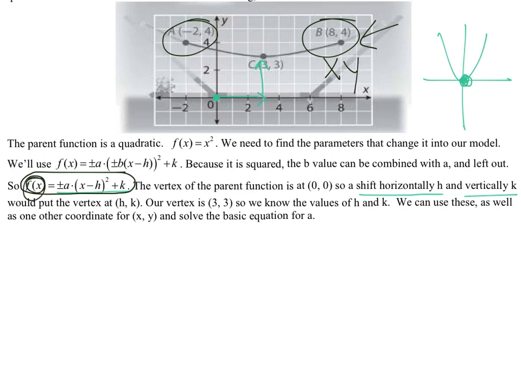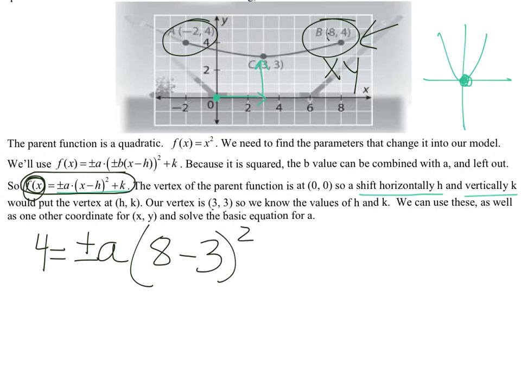So our y value is 4. I don't know what a is yet, so I'm going to leave it as the letter a. And then that's my x, right there, 8, minus, and then we already figured out h and k. h was 3 and k was 3, so 8 minus 3, squared, plus 3. So now the only variable left in this problem is a.